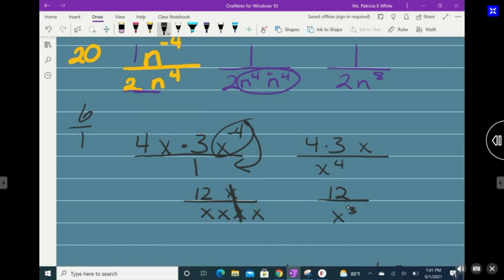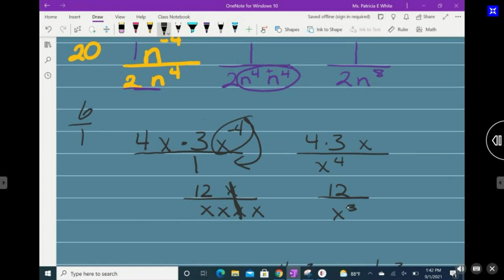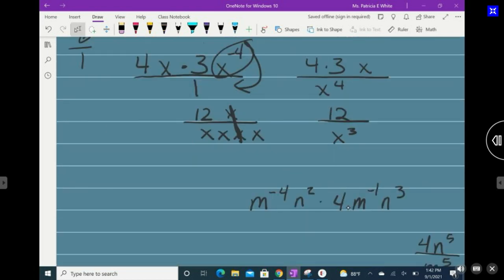All right, where are we at? 24. 2 times n to the -4 times n to the 4th. We've done the same problem over and over. Who am I going to move?